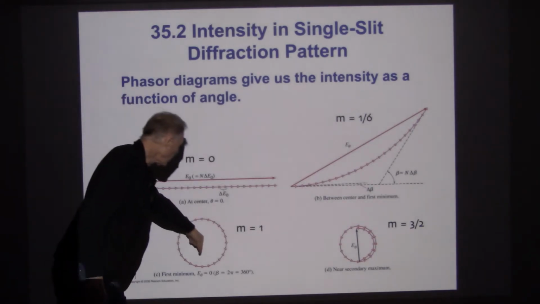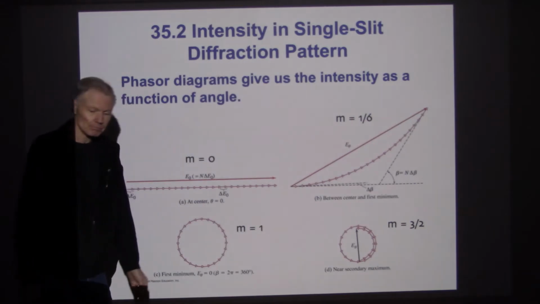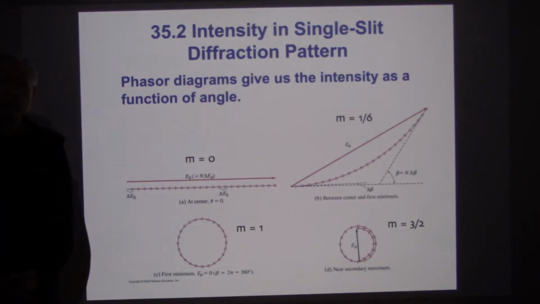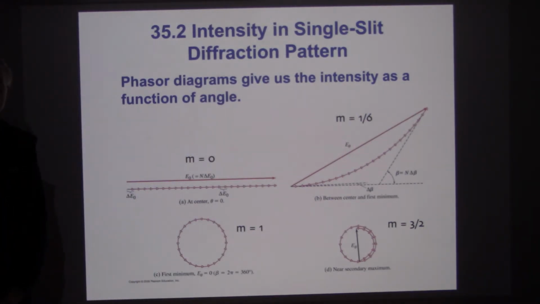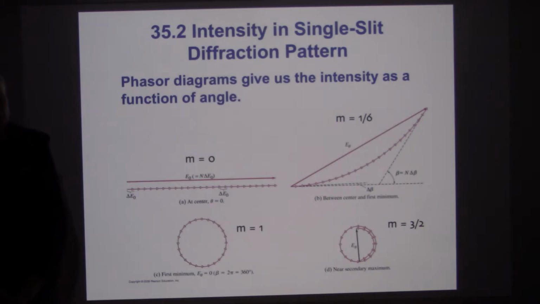That's why the integer values of M give us zero intensity, because we're getting complete cancellation of all the possible paths. Okay, so does that make sense?